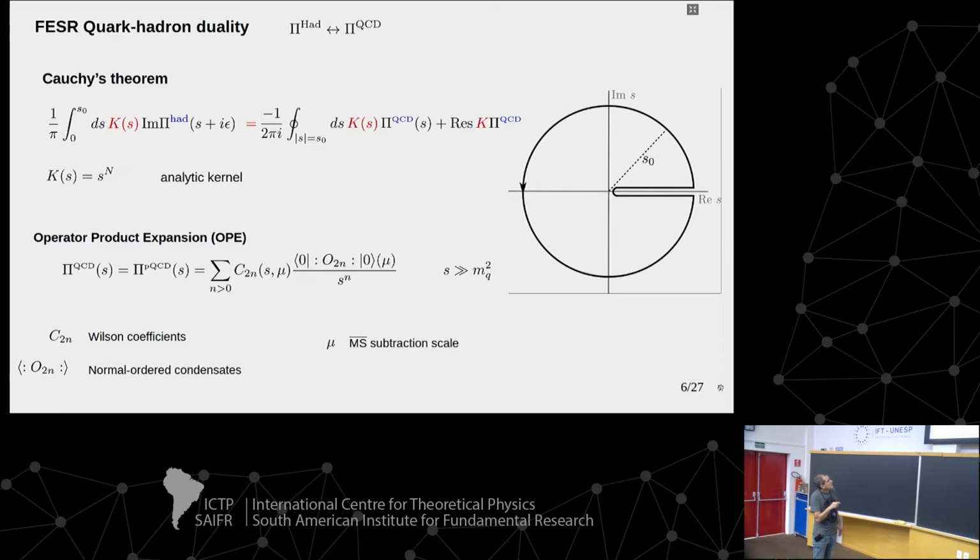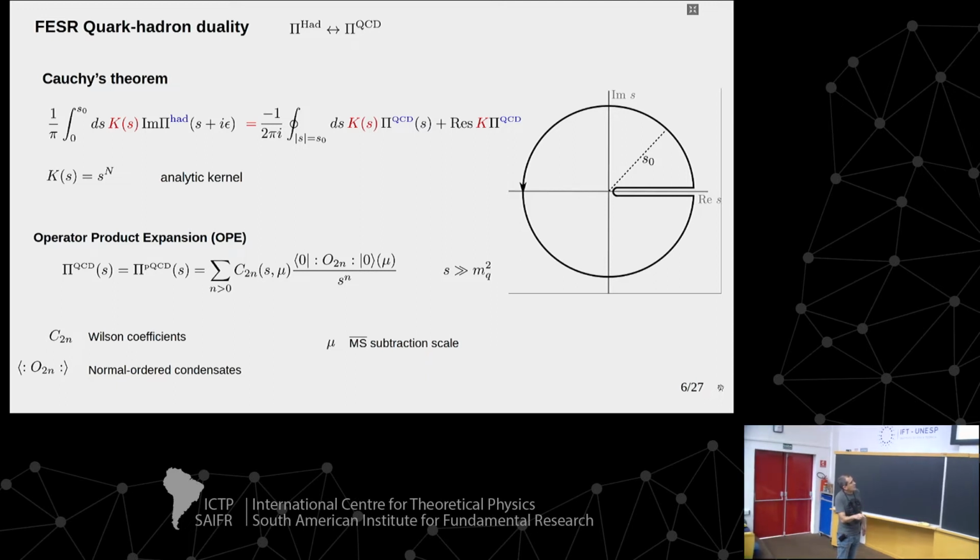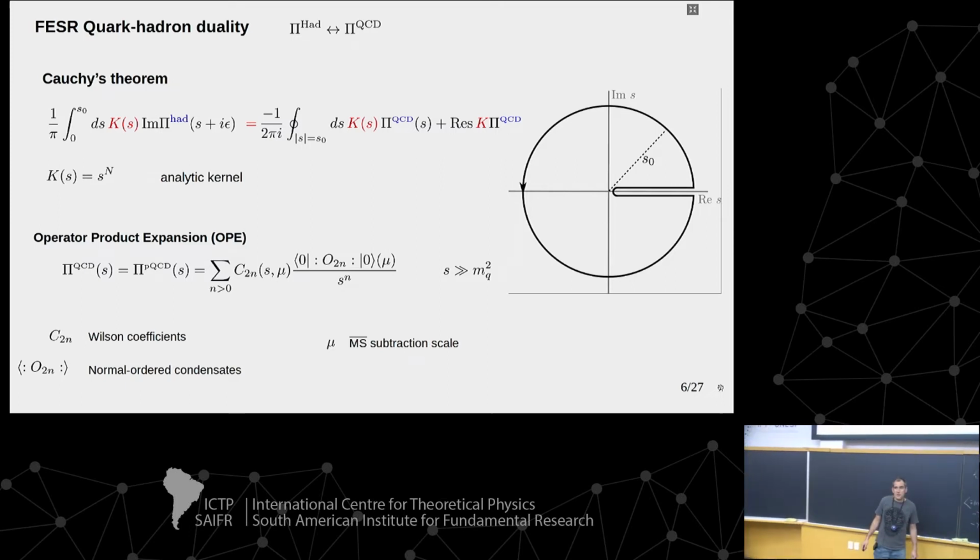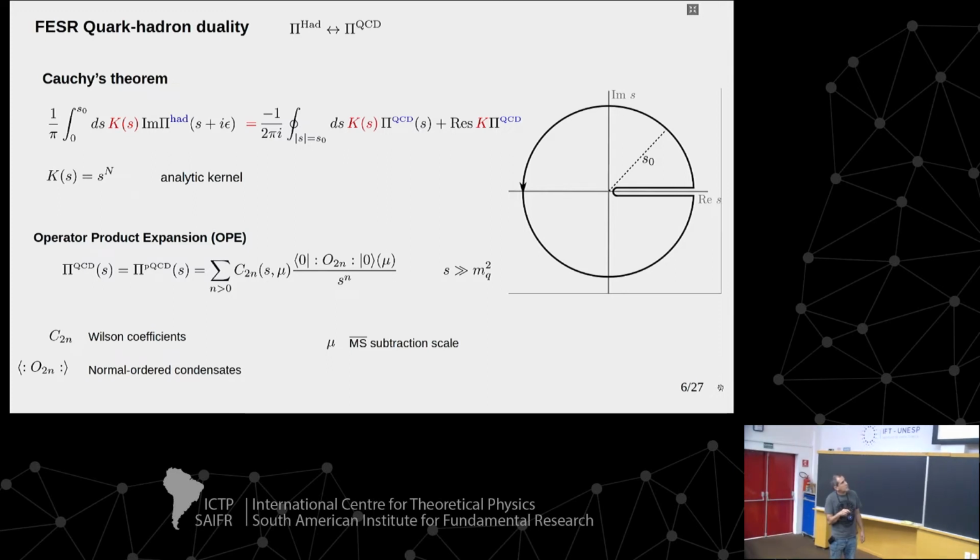So we separate the hadronic sector over here and the QCD sector on the circle. And possible poles that could appear, that indeed appear if we are considering medium effects, those are from the QCD sector.